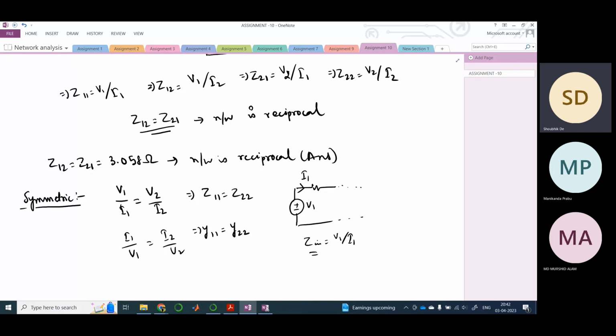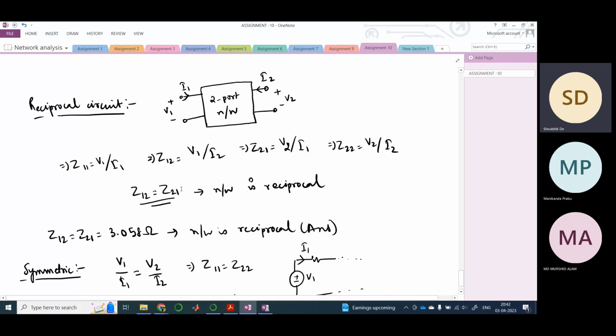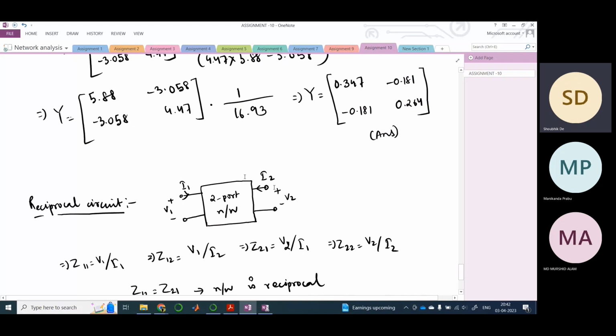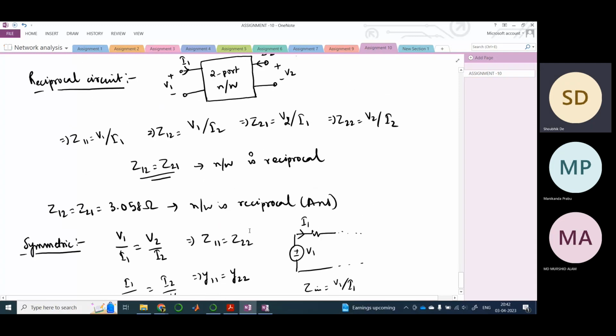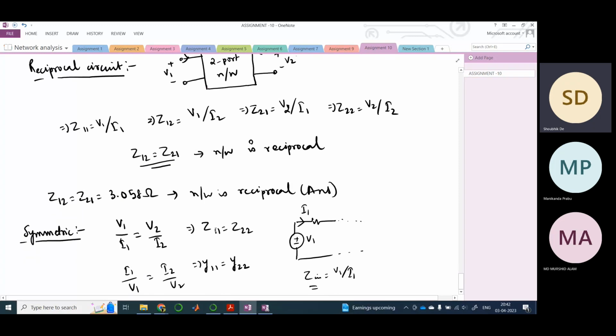And also you need to exchange this. At the input you need to bring your output parameters, that is I2 and V2, and at the output you need to bring I1 and V1 and then check whether this is equal. In a sense, you are just trying to check whether your input and output impedance match.